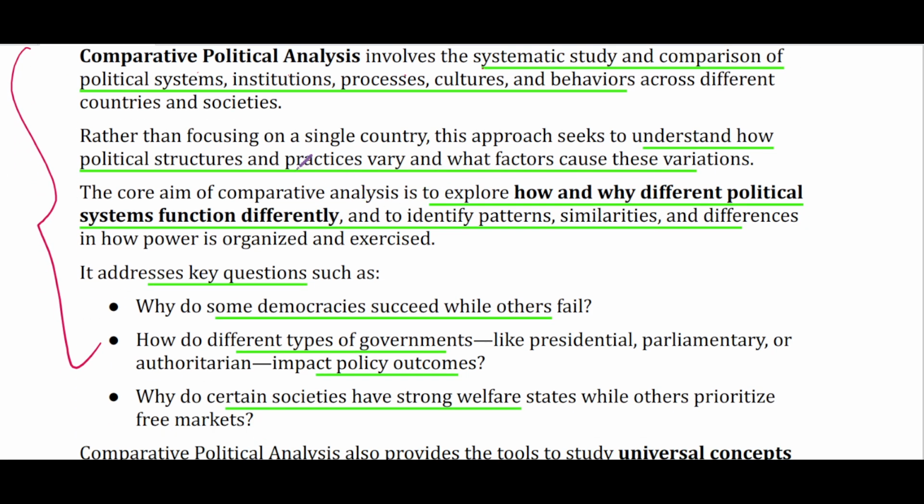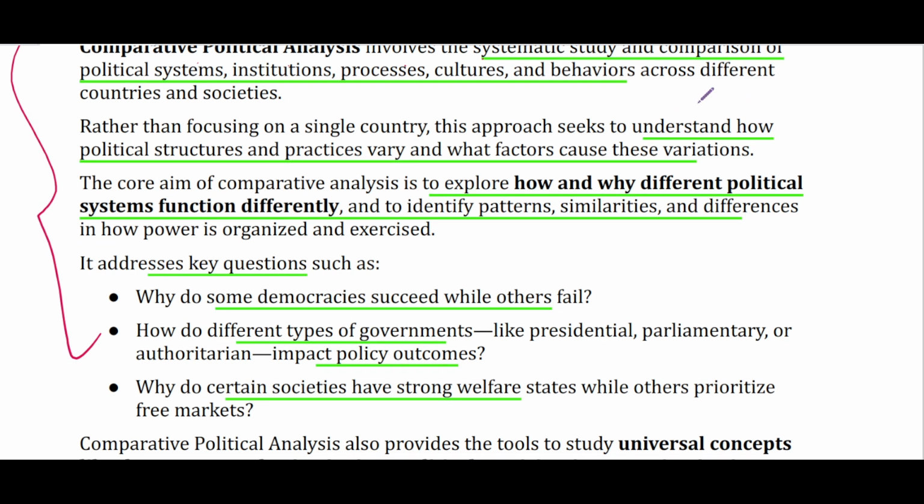Then this approach helps understand how political structure and practices vary across different countries. So उस basis पे एक pattern or consequence kind of relationship can be found कि particular कौन से factors काम करते हैं और कौन से नहीं करते.